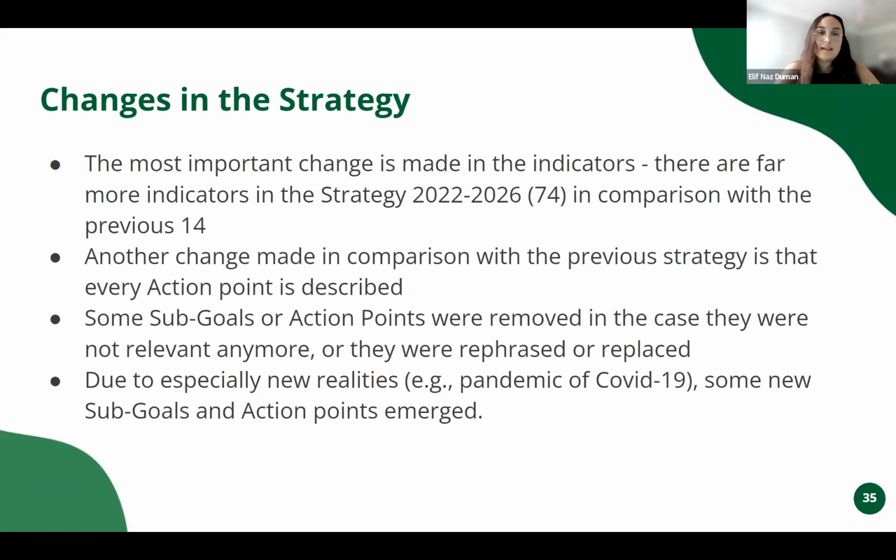Some sub-goals and action points were removed if they weren't relevant anymore, or they were replaced. And due to new realities, especially after the pandemic, new sub-goals and action points have emerged based on the needs of the association.